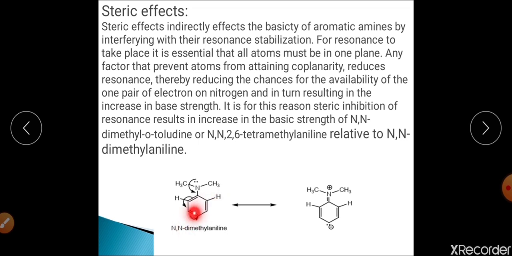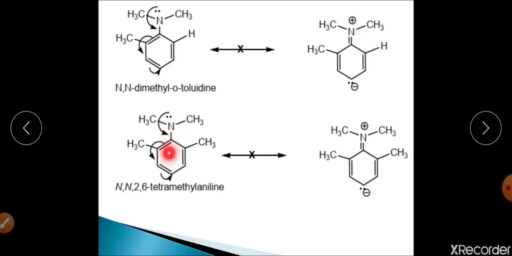For example, you can see that this is a substrate on which the electrons are present on the nitrogen, and these electrons can easily be delocalized over the benzene ring. When we have this substrate, at that time we can see that this is a bulky group, this is again a bulky group, and these two groups are attached on the nitrogen, and because of that reason now the structure is no longer planar, and the orbital symmetry of this particular nitrogen and carbon is no longer the same.